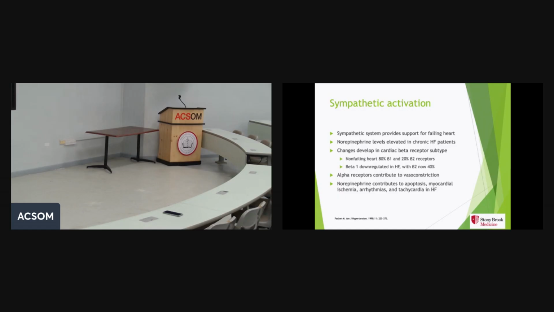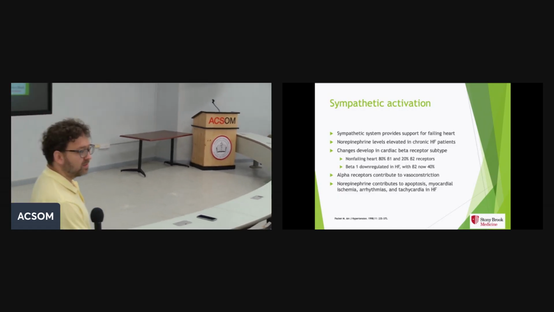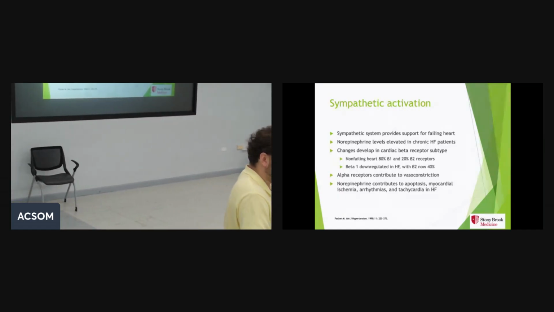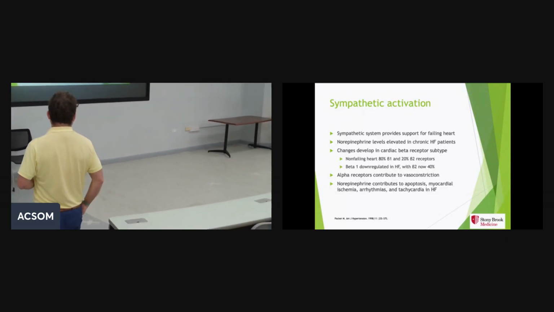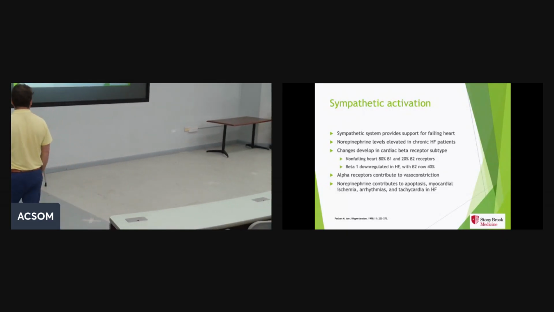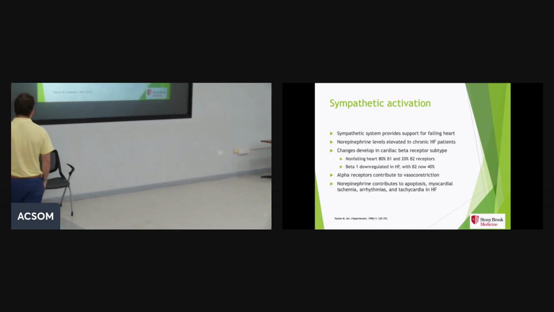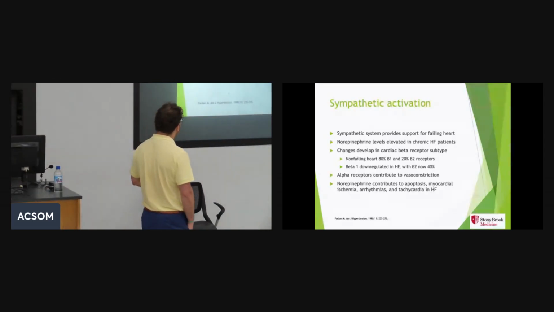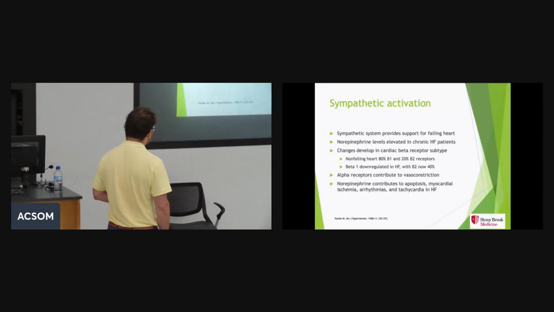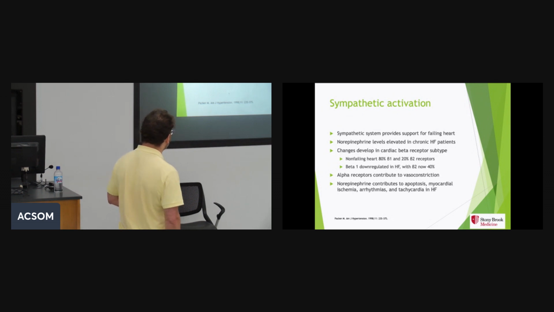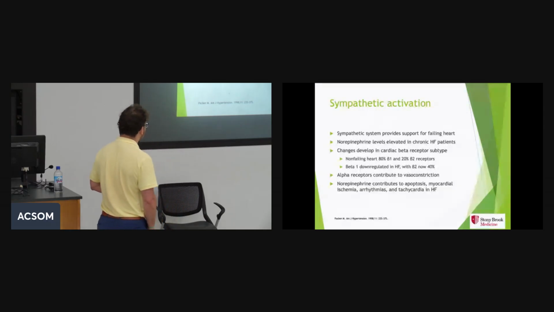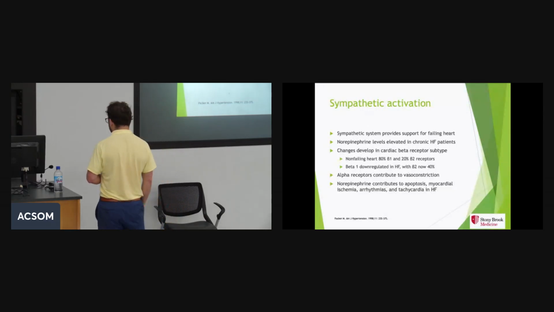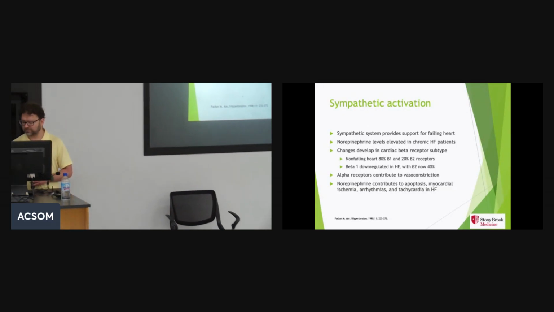But survive today, pay the piper tomorrow, right? Norepinephrine levels are elevated in chronic heart failure patients. They develop changes in the beta receptor subtypes. Alpha receptors contribute to vasoconstriction, and norepinephrine contributes to apoptosis, myocardial ischemia, arrhythmia, and tachycardia in heart failure.